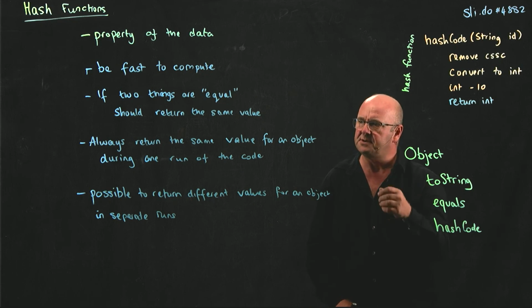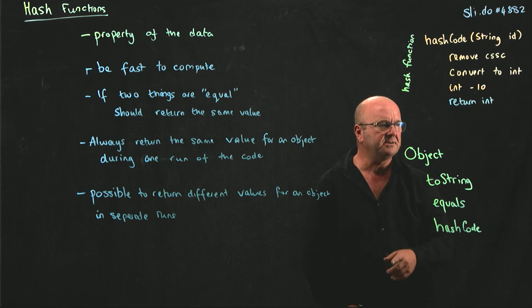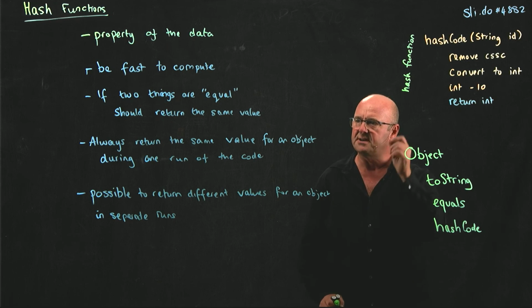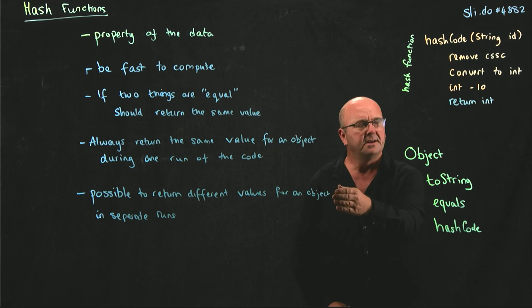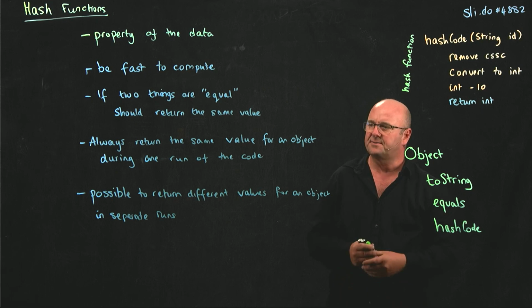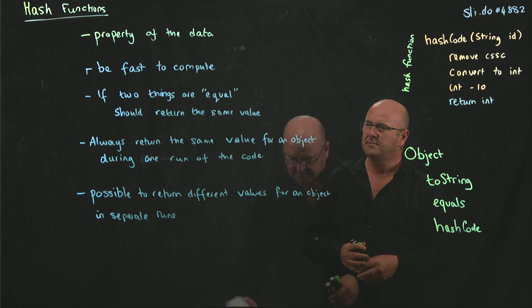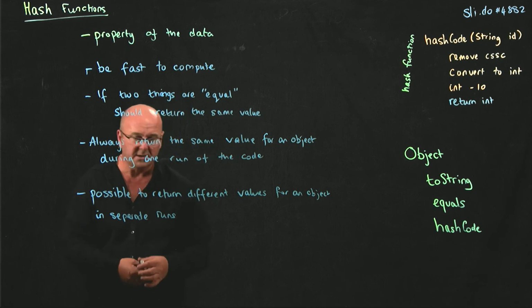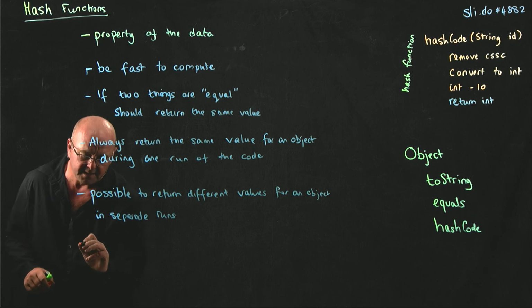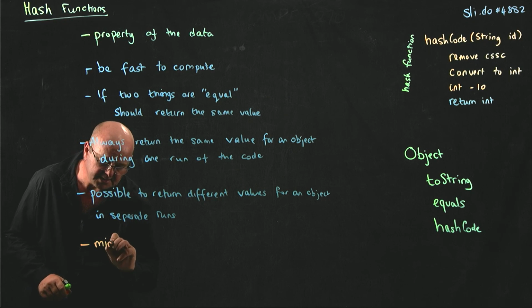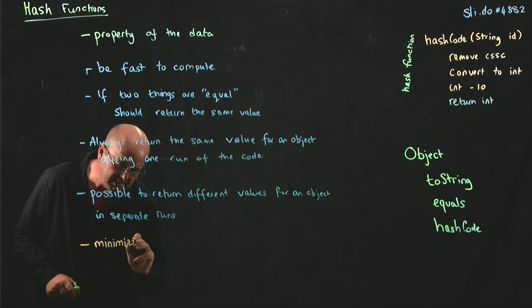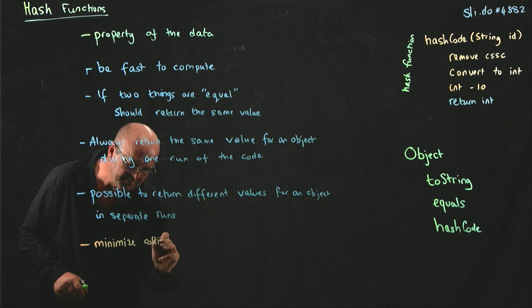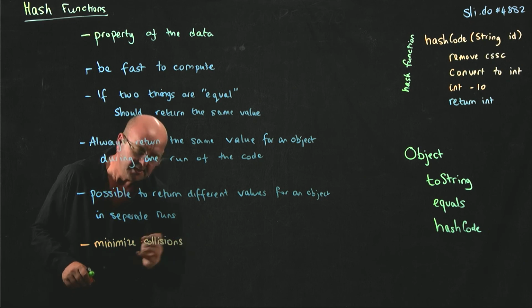If you don't overwrite the object's hash code, every time you run it, your object gets put in a different place in memory, and you get a different answer back. Okay? The last thing that we want our code to do is to minimize collisions.